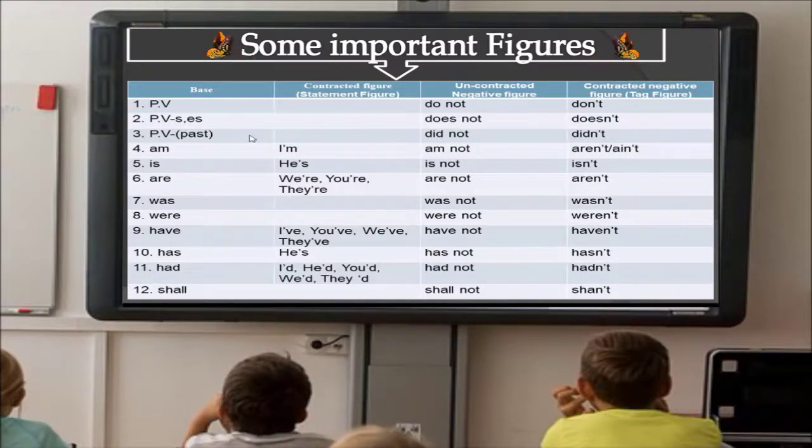The uncontracted negative figure is does not, and the contracted negative figure is doesn't. Okay, so the rest of this table will help you, so I request you to commemorate it. Okay, next slide.